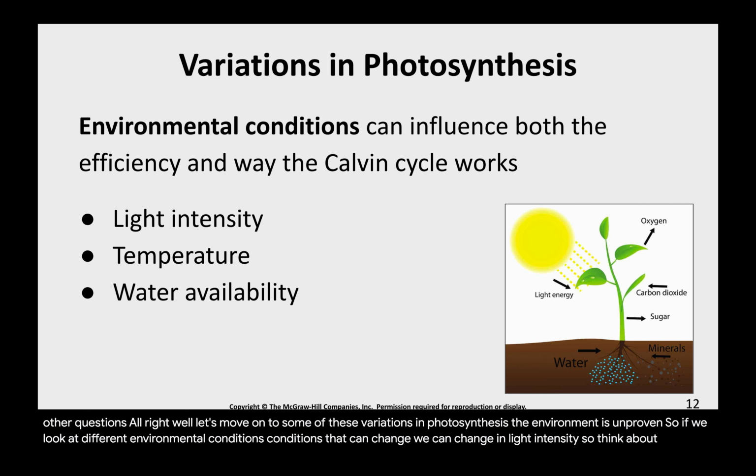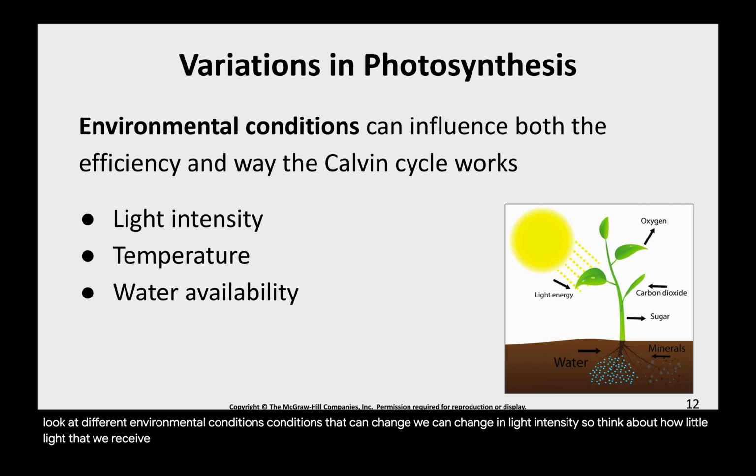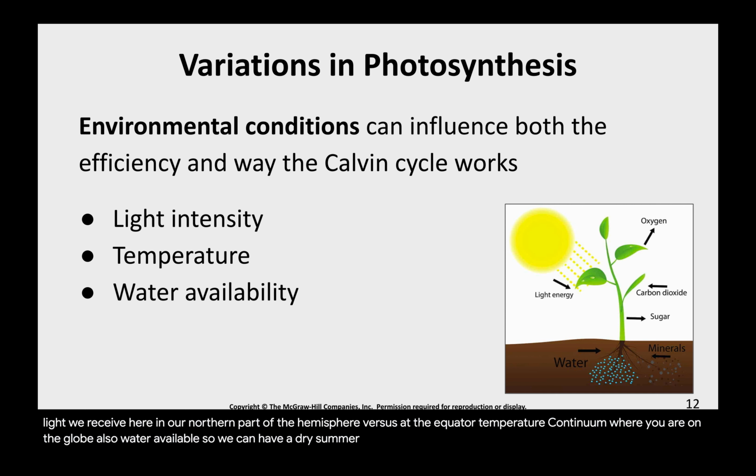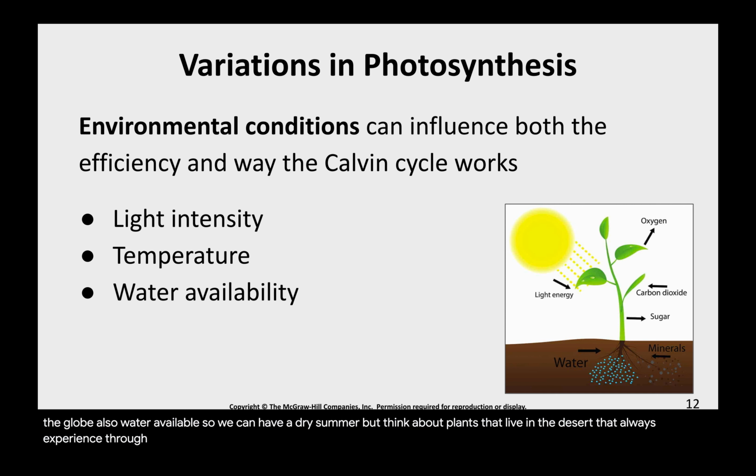So think about how little light we receive here in our northern part of the hemisphere versus at the equator. Temperature can change, think seasonally, think also where you are on the globe. Also water availability. So we kind of had a dry summer, but think about plants that live in the desert that always experience drought.